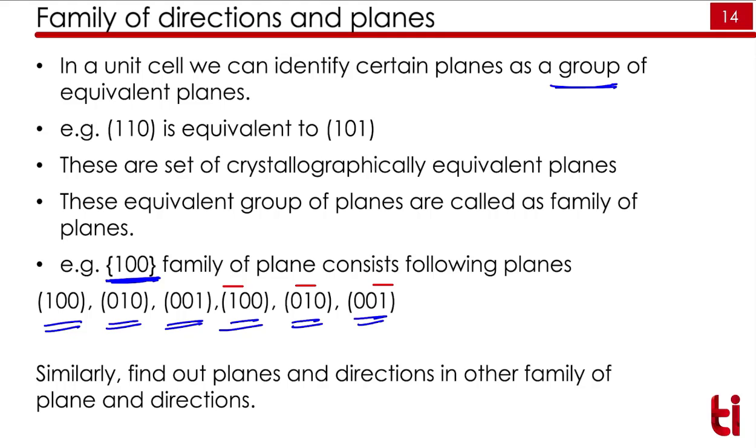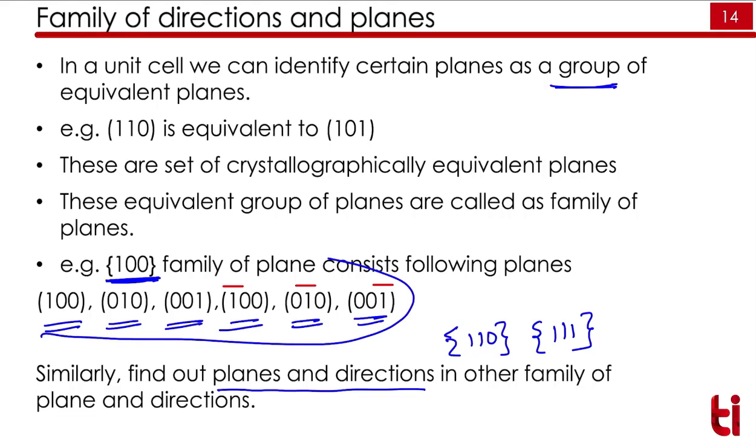Similarly, you have to find out the planes and directions for other family members. For example, you can find out for 110 and you can find out for 111. So all these directions will have same magnitude, but they are in different directions. That's why we can call them as a family. If we change the origin, we will get same Miller indices.